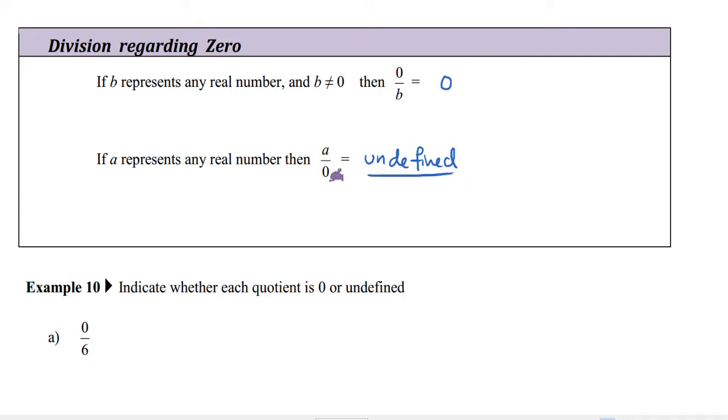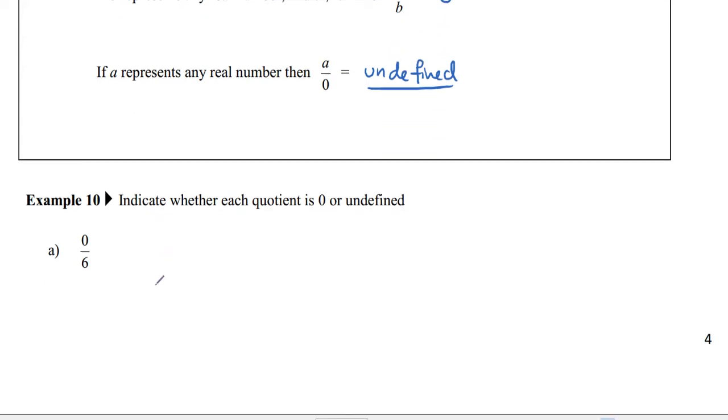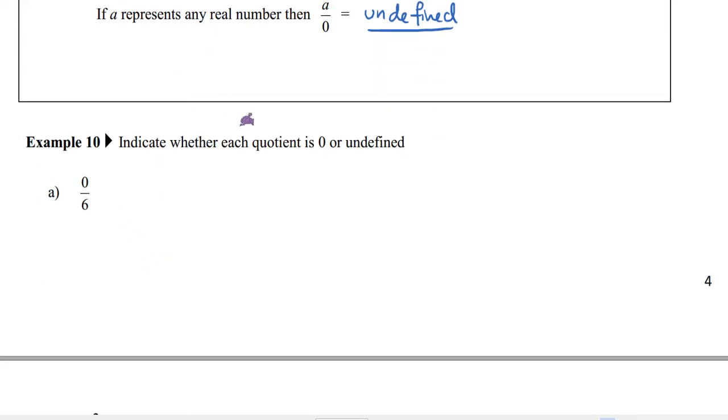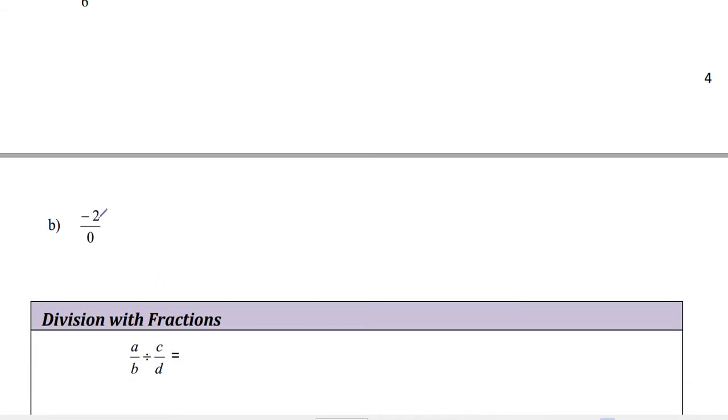You're never allowed to divide by 0, but 0 divided by anything is always 0. So 0 divided by 6 is just 0. One way to think about that is you already have nothing, so you get nothing if you divide it up. And negative 2 divided by 0 is undefined.